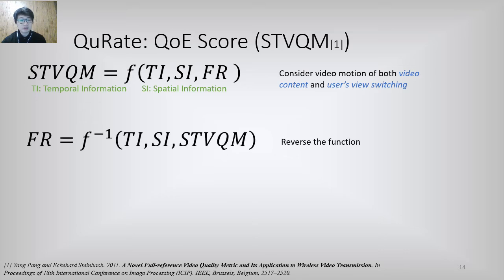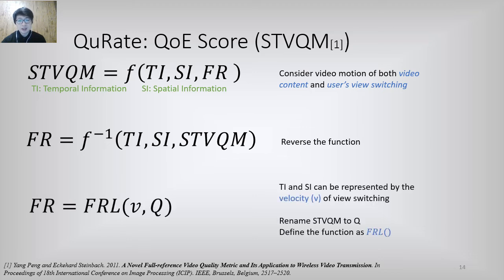If we reverse the formula, we can find the frame rate based on the TISI information and the STV-QM score. In practice, the TISI can be represented by the velocity of the view switching v. So if we further rewrite the formula, we can find the frame rate as a function of velocity v and the video quality q.